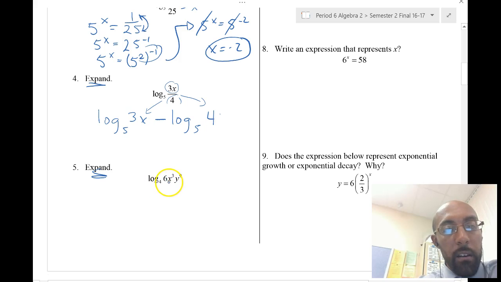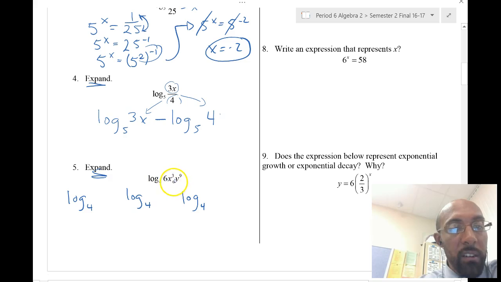Okay, now here, there are 3 terms. Here there were 2, one on top of the other. Here there are 3, and they're being multiplied. So it's 6 times x to the 3 times y to the 9. So I can separate these, or expand them, into 3 different logs, again all with the same base of 4.